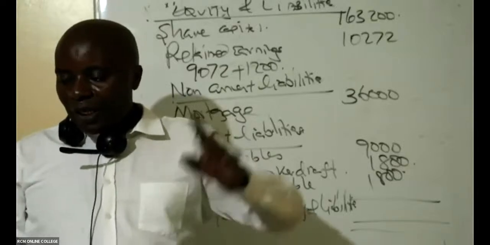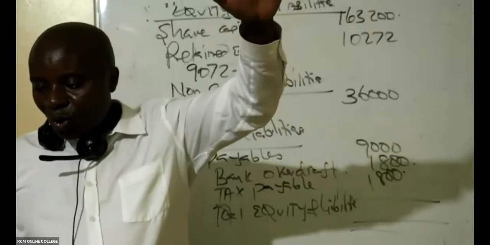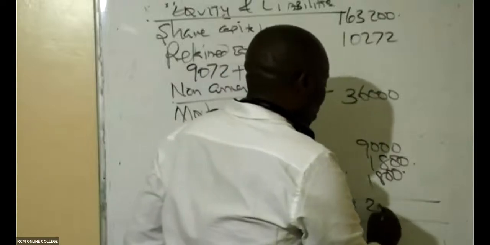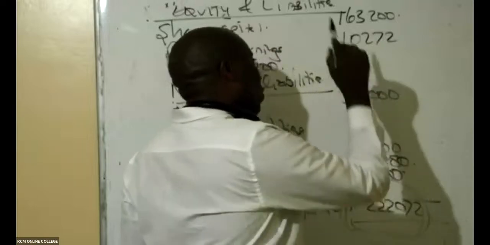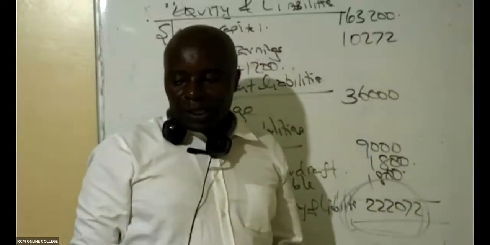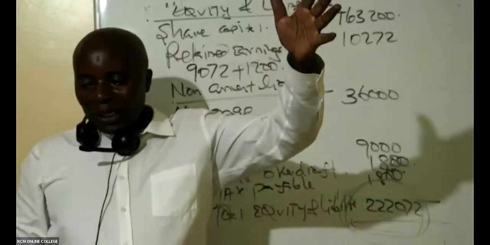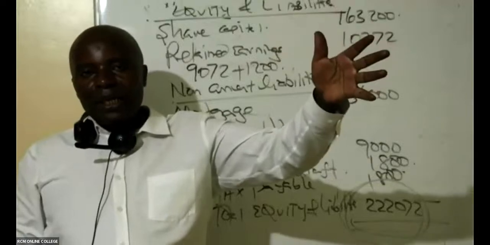So I believe the figure you gave me is 222,070. Is this figure agreeable with our assets? Yeah, it's balancing.